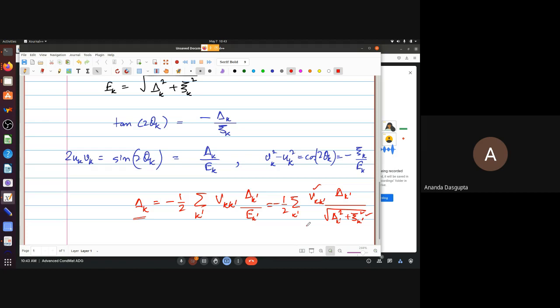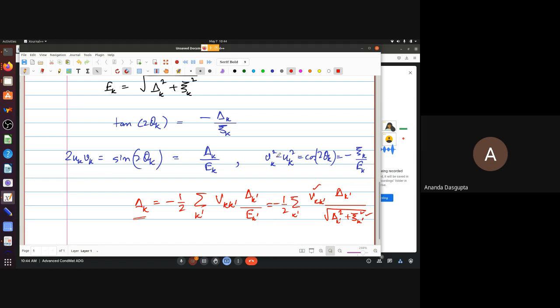And this, of course, is what you need to solve in order to determine delta, and then you take the value of delta, plug that in here and here, right? Because once you know delta, then E is also known, the square root of delta square plus xi square. So both of these quantities are known. You now can figure out V_k and U_k, which means you can figure out the wave function.